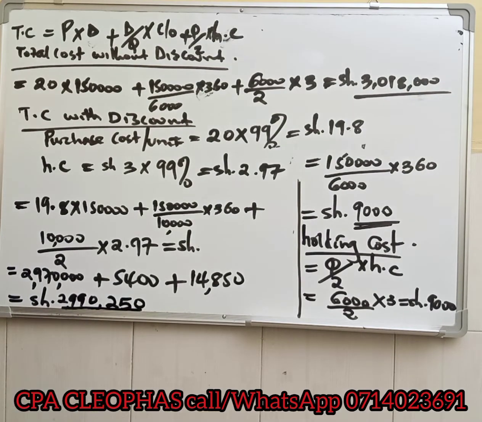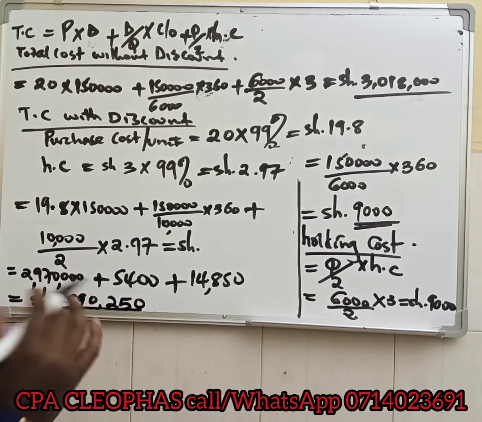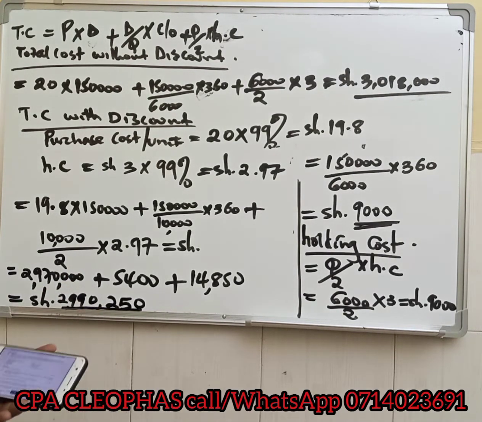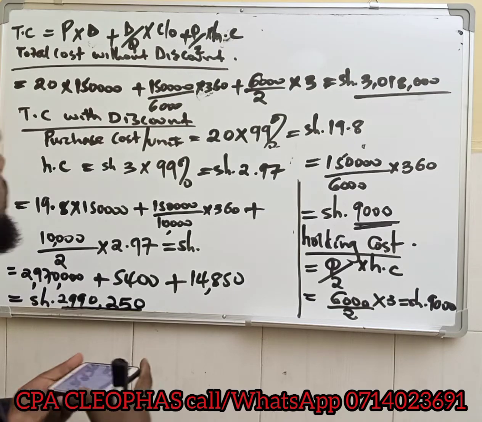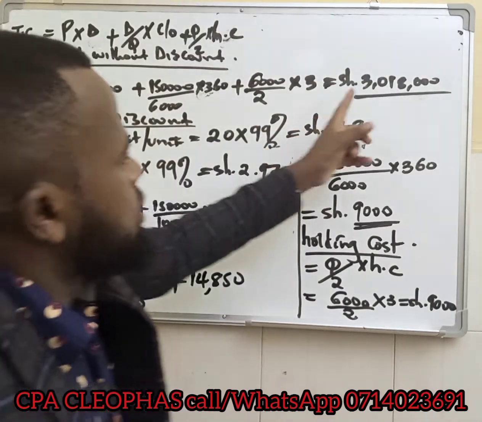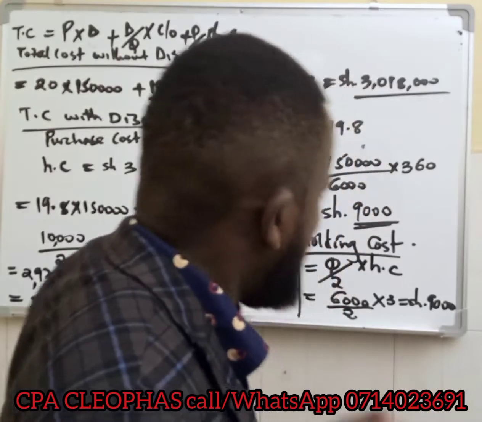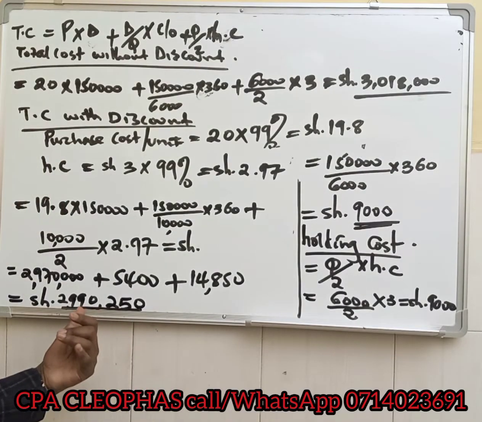Now you compare and advise the company. Which company is this? Let me check the name of the company. It was called Blade Limited. So with the discount, it will be 2,990,250. Without the discount, it is 3,018,000. So we should minimize cost and pick this one.